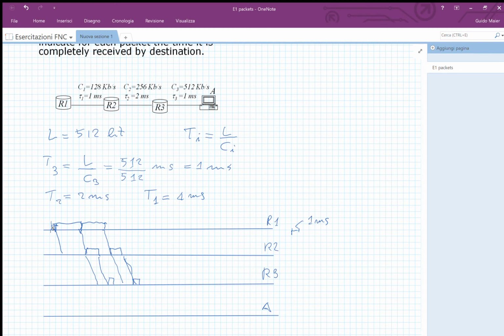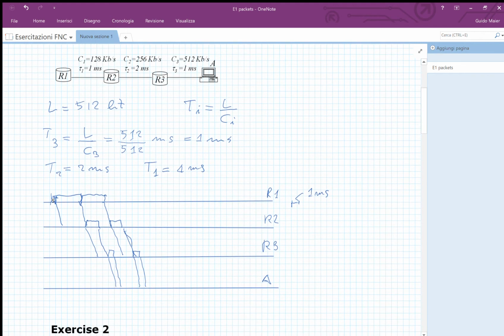Then we have the last propagation delay, which is again 1 millisecond. After this propagation delay, the packets arrive at the destination. A is not retransmitting them anymore because it's the final destination.